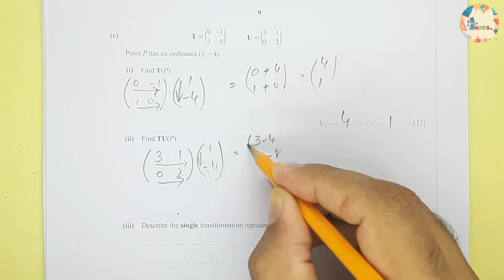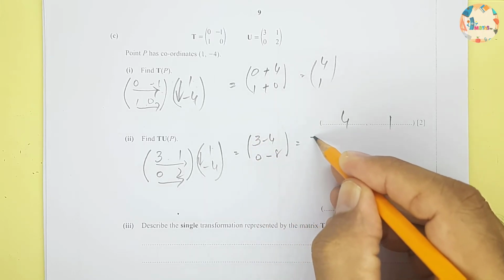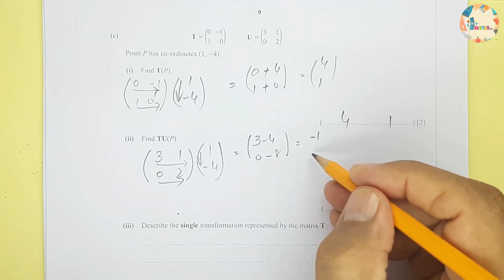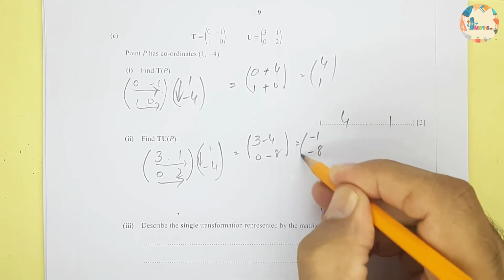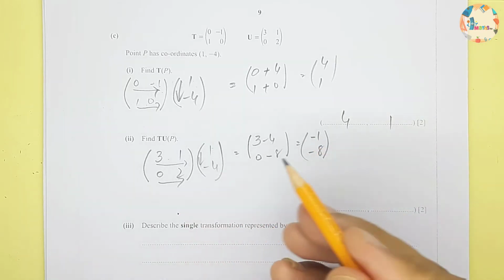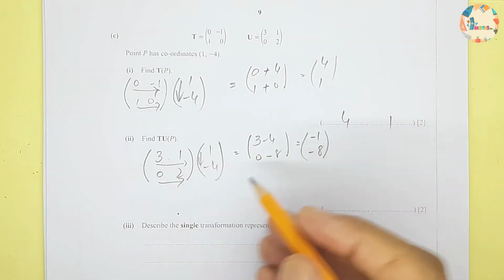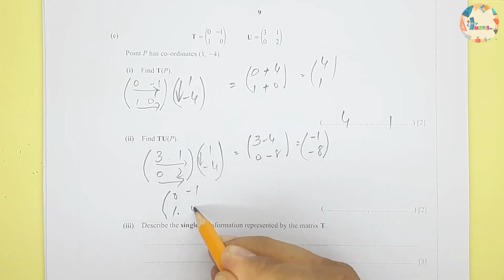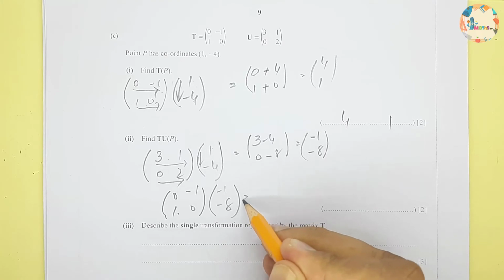So this one we will get -1 and -8, and then we will apply T on this. T will be 0, -1 and 1, 0, and this will be -1 and -8.